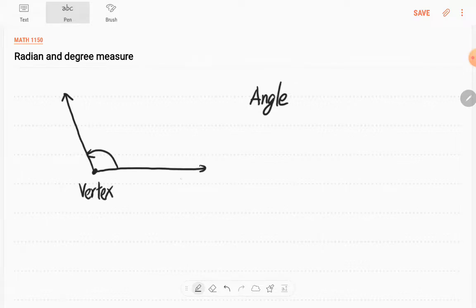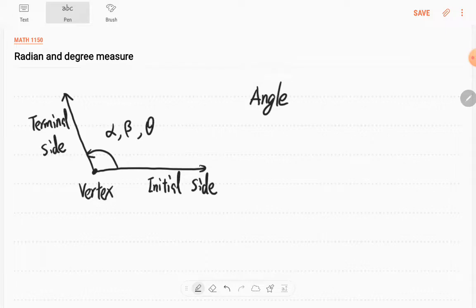This side is called the initial side, and this side is called the terminal side. This is called the angle, which is about the rotation. We use Greek letters like alpha, beta, or theta, or other letters to describe an angle.